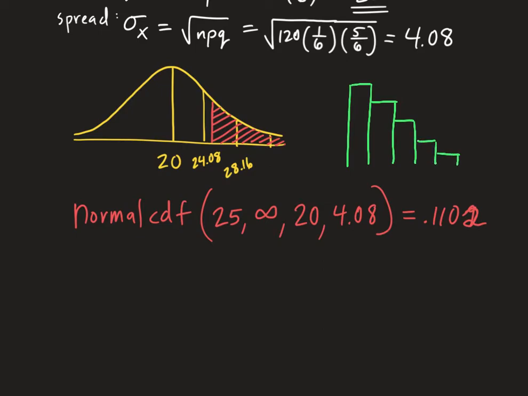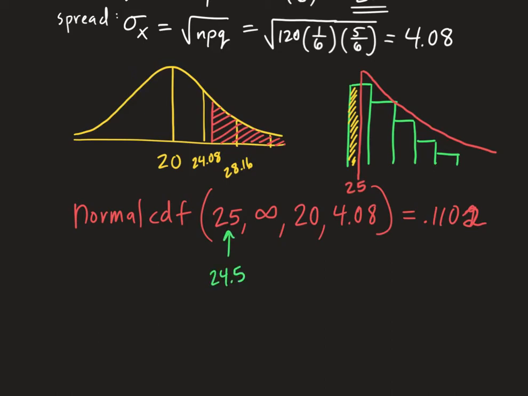And what we did with a normal curve was we went from 25 to infinity. But in reality, this bar, because it's discrete, stretches from 24.5 to 25.5. So we should be able to get a little bit closer to the reality by changing this to 24.5.